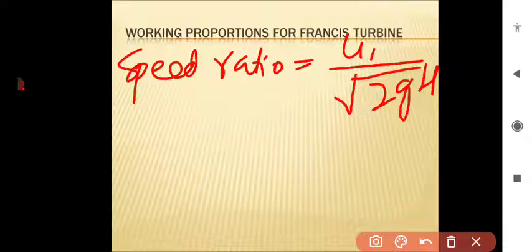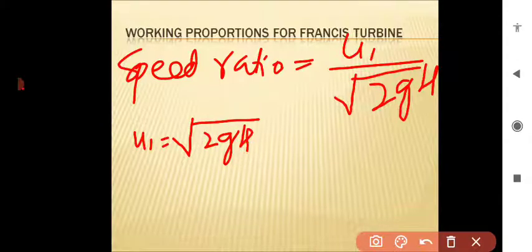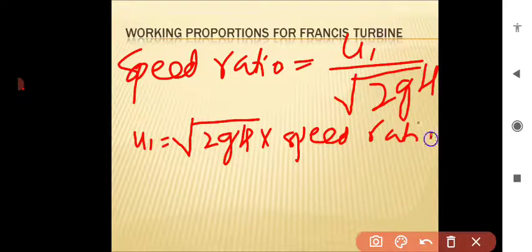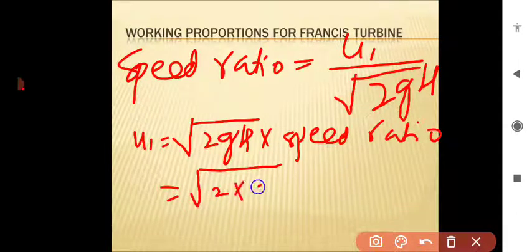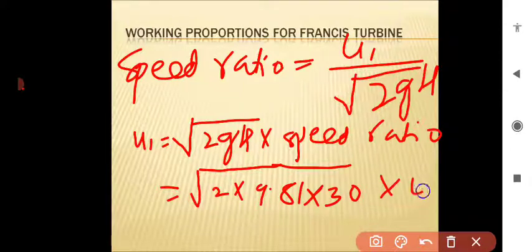So u1 is equal to under root 2gH into speed ratio. That is equal to under root 2 into 9.81 into H, which is 30, into 0.7, the speed ratio.